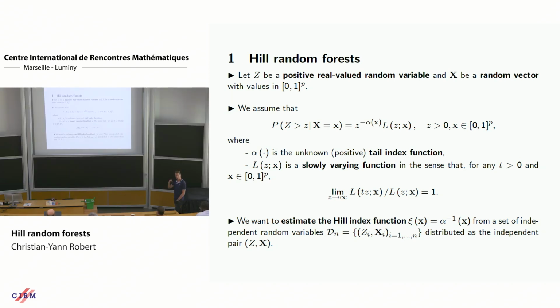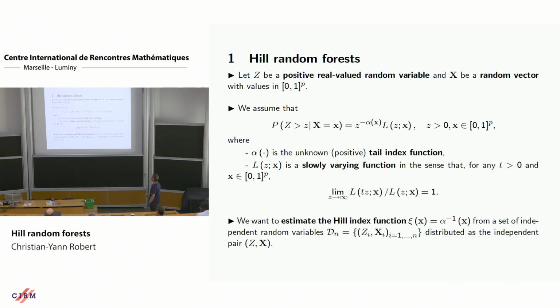We want to have an estimation of alpha over the covariate space. So not one value, but now a function of the covariates. And L is a family of slowly varying functions. This function satisfies, for each x, the following asymptotic property.